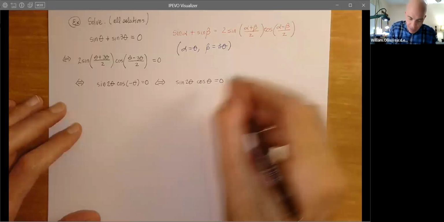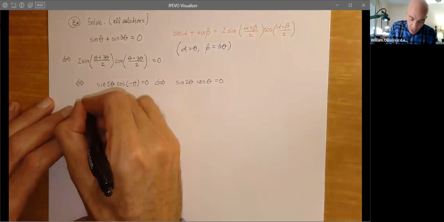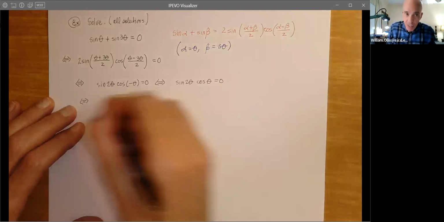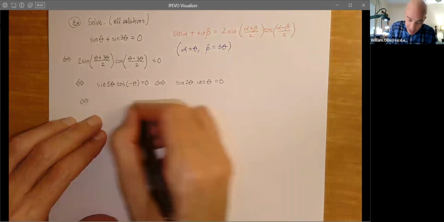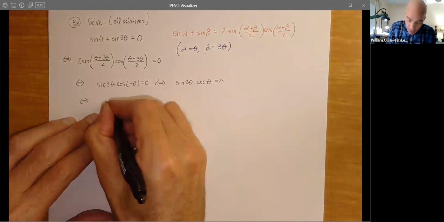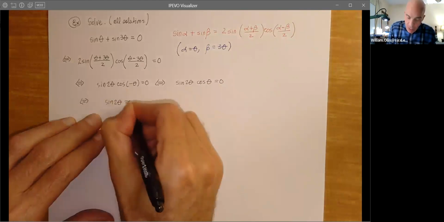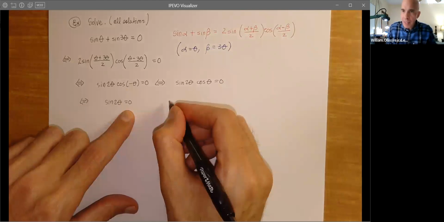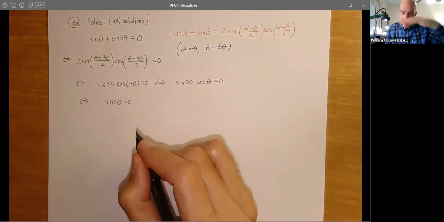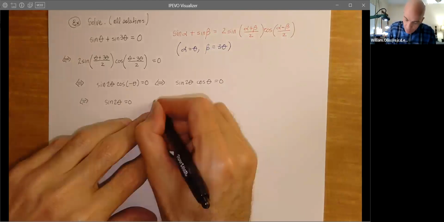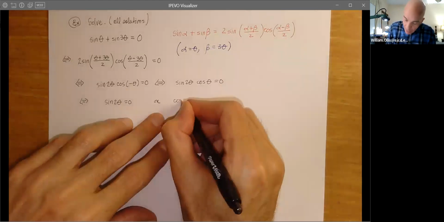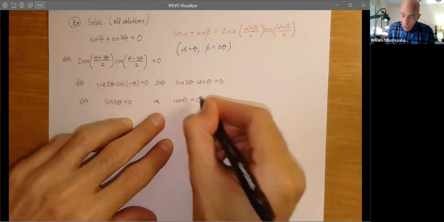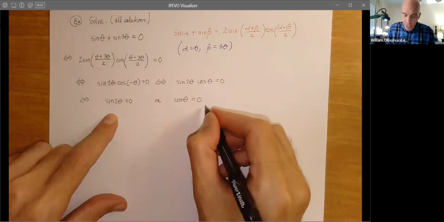This is easy. And what's nice about this problem is because you've got that 0 there, this makes it super simple. So we've got sine of 2 theta equals 0. This is quadrantal, so to speak. This is on the axes. Or cosine theta equals 0. So we don't have to work hard here at all.